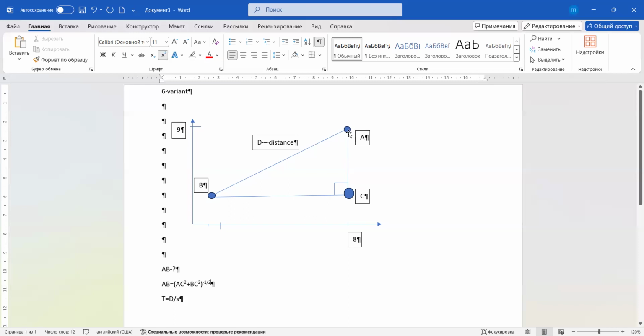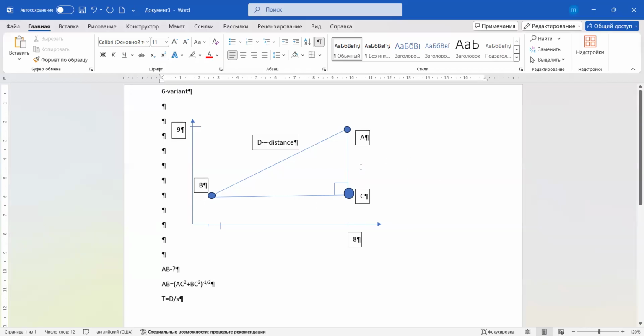So how can we find this distance AC? We remember that for point A we have the coordinate by x. We need the coordinate y. For finding AC, point A by y is 9,000 kilometers. Point C, we also remember, for y is 3.2 kilometers.